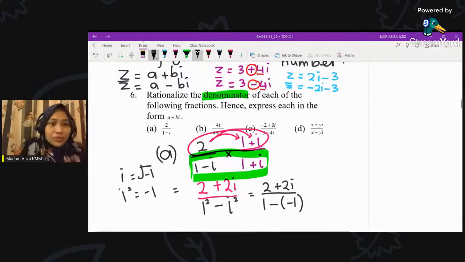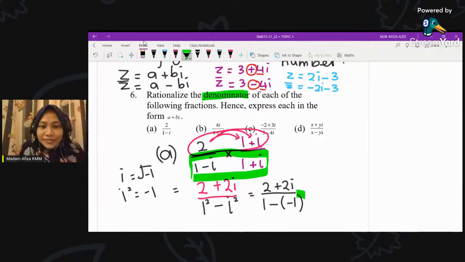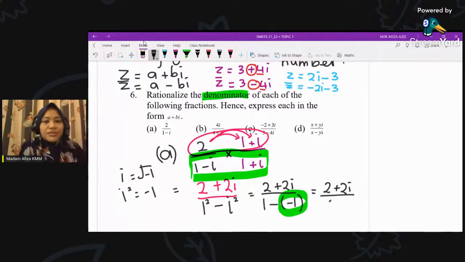So this is what we have over here. And then we just need to simplify and we can see that we have 2 plus 2I over 2. So here becomes plus, negative negative becomes plus. So 1 plus 1 is 2. And then we can see that here the denominator has no longer I.